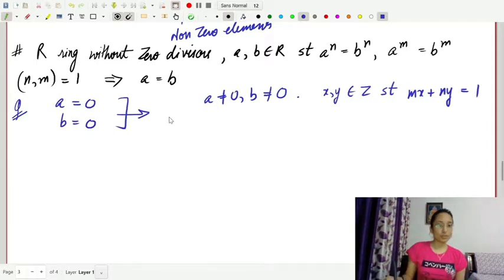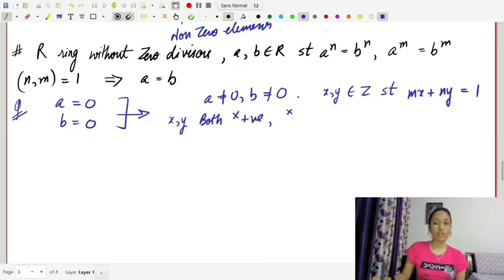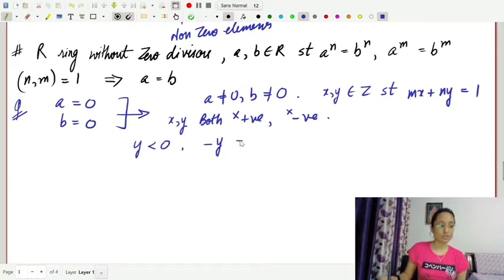Now, both x and y cannot be positive, neither can both be negative. So one of them must be negative, and we assume that y is negative and minus y is equal to t, where t is greater than 0, right?